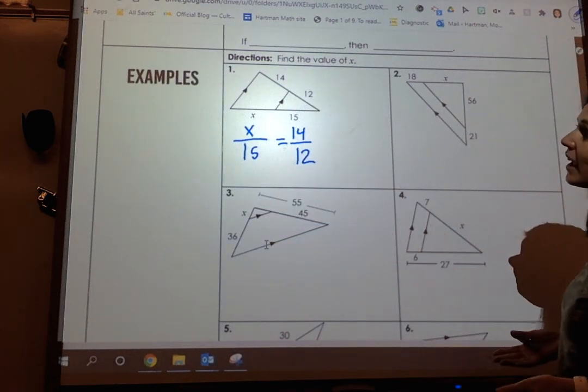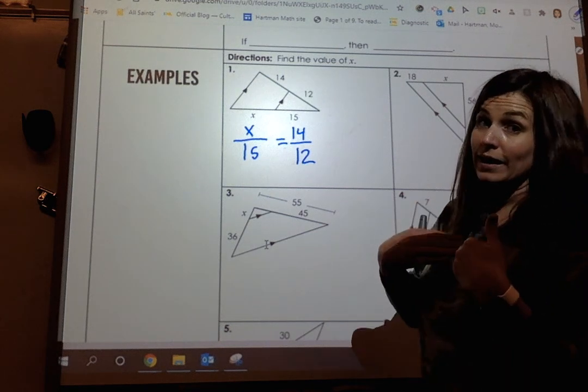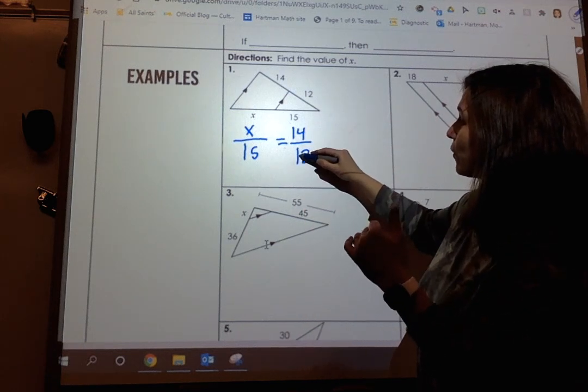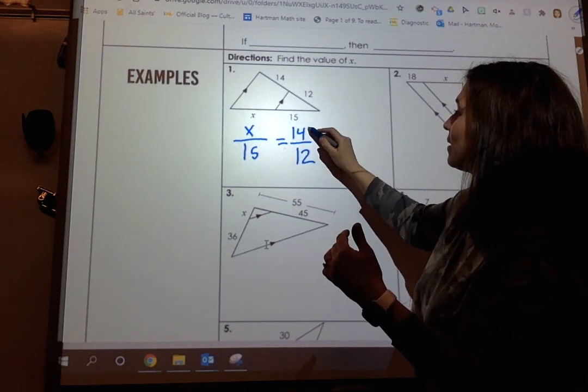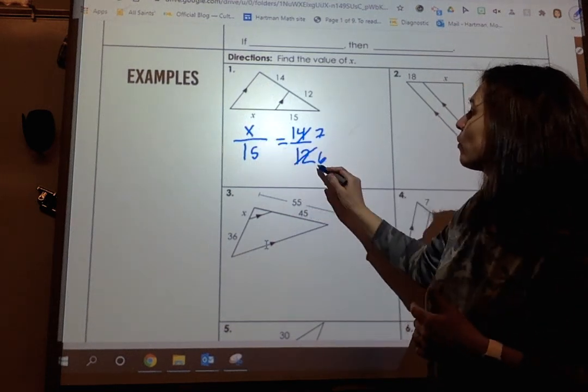And of course, in this case, now we have a proportion so we can cross multiply. What I like to do is simplify my fraction first. So over here, I'm going to make this 7 and make this 6 because it makes it easier when I cross multiply.